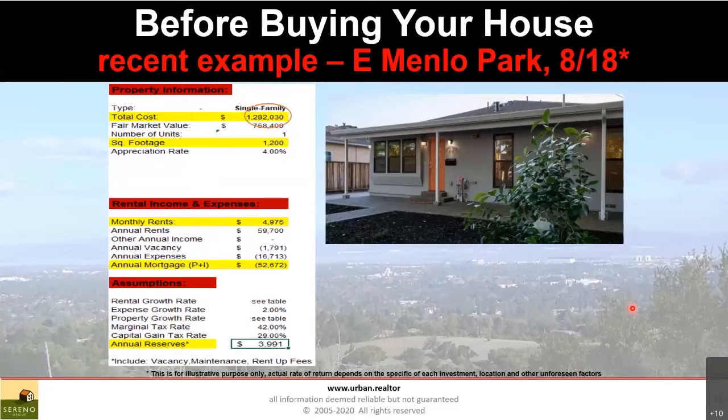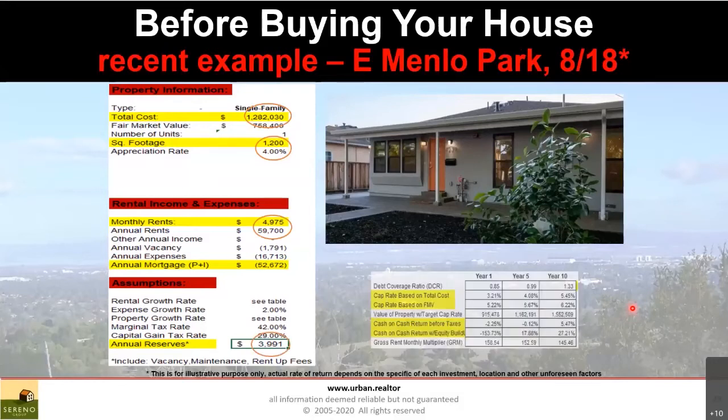We put around another $250,000 of work into it to make it very modern and compelling to young adults. The price per square foot is about $1,200. Our current rent is almost $5,000. We also put some money in reserve.